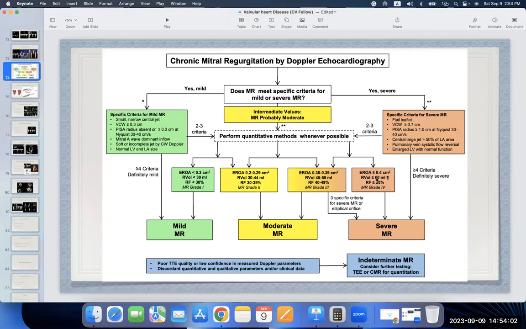For the 60 ml to move from the left ventricle to the left atrium in MR, you need a 0.4 orifice, because it has to cross during systole, and the systole is shorter than the diastole. But in diastole, you have a longer duration, so you don't need a bigger effective regurgitant orifice area. 0.3 is enough to move 30 cc from the aorta to the ventricle.